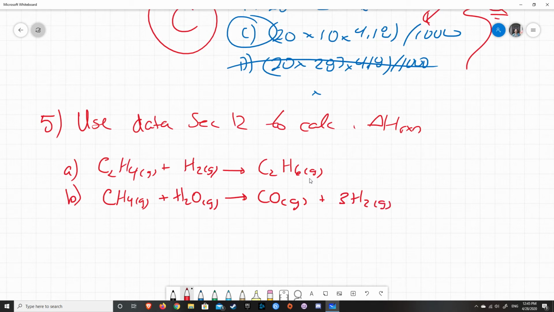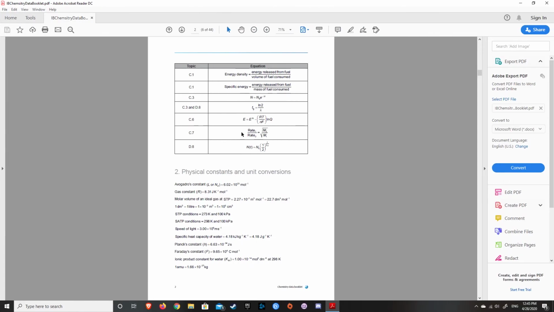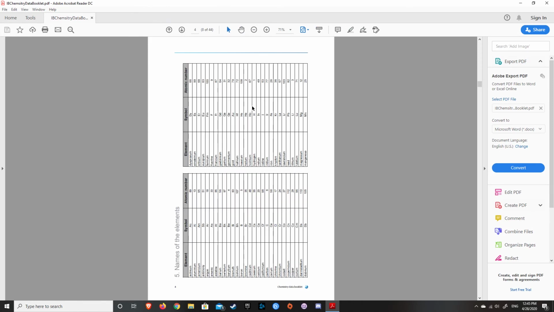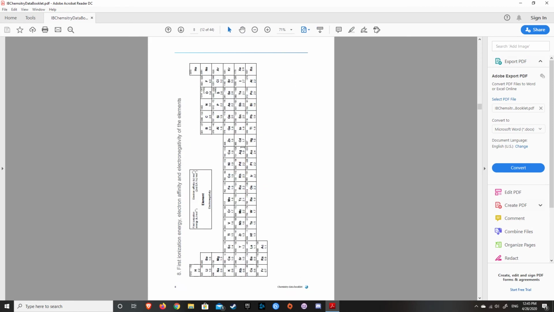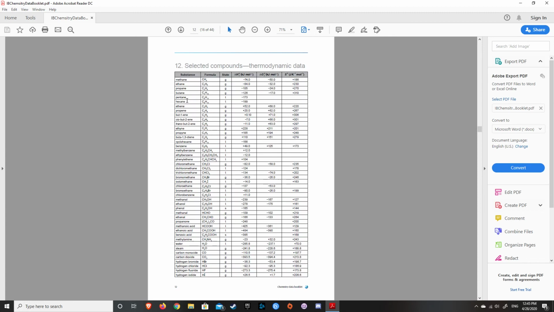So let's look at section 12, right? It tells us to use section 12. Although there might be other information in our data booklet for this, we can't use it. We need to use the section that they want us to use. So let's look at section 12. 9, 10, 11, 12. There we go. So we've got the delta H of formation. It's providing the delta H of formation.